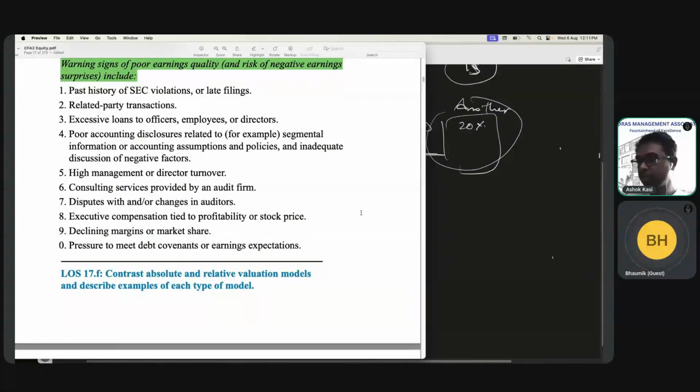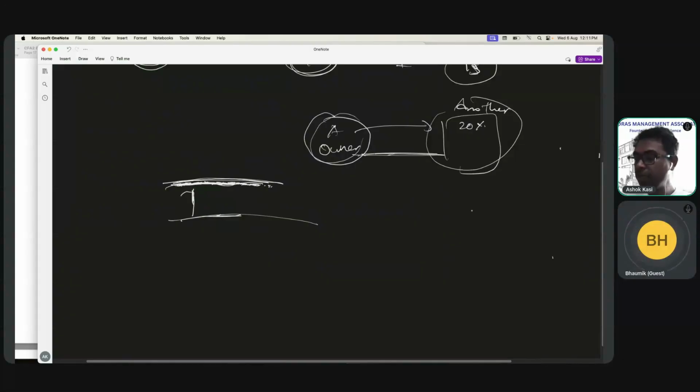Genuinely, what is their job? What will they say if a company is taking less borrowing? They will ask them to bring it up. But later on, that only will become the problem for poor earning quality.